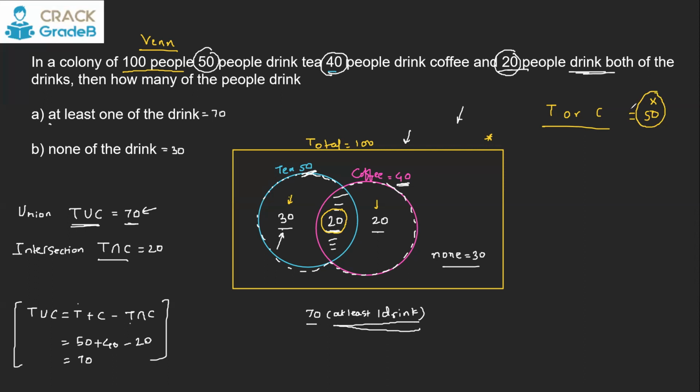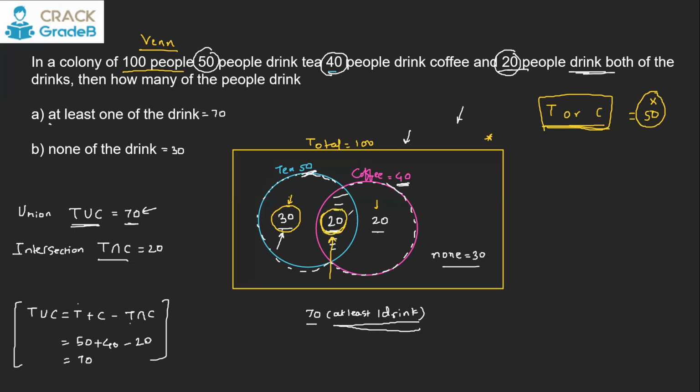you are also welcome. Similarly to that, if the statement says the people drink tea or coffee, and these 20 people who drink both the drinks, they are also welcome under this. So in tea or coffee, these 30 people who drink only tea, they are also welcome.